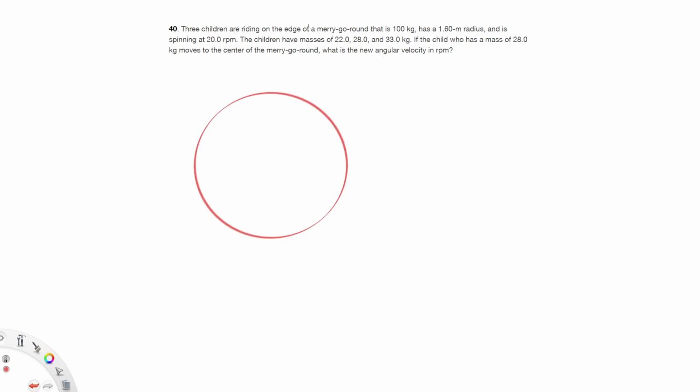All right, so we've got 3 kids on a merry-go-round. This is a bird's eye view. Originally they are all riding on the edge of the merry-go-round, which has a radius of 1.6 meters.